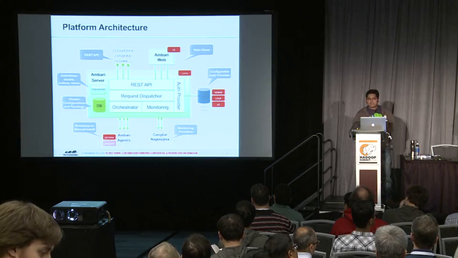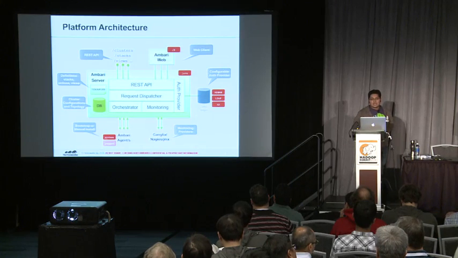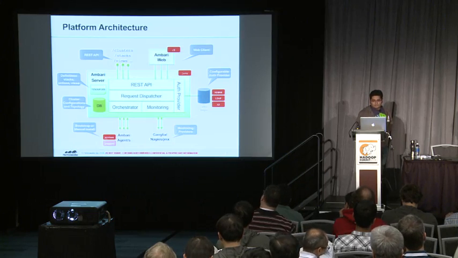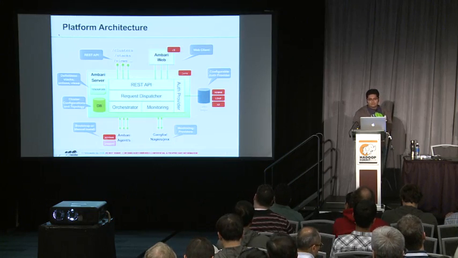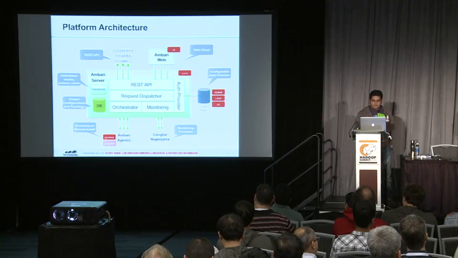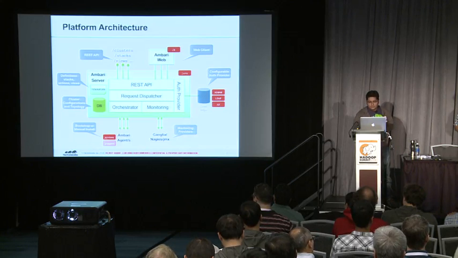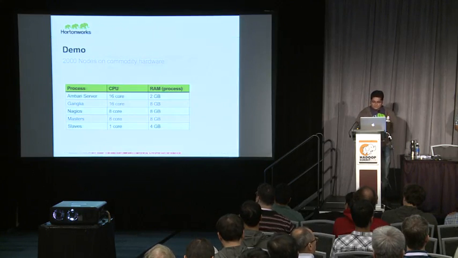You have the request dispatcher layer, which is the service provider interface. So all the API calls that are coming in through the REST API layer are funneled to the request dispatcher and then to the appropriate providers. Besides that, you have the REST API and the Ambari web and all those things. The monitoring subsystem comprises Ganglia and Nagios for the alerts. With that, let's move on to the demo.